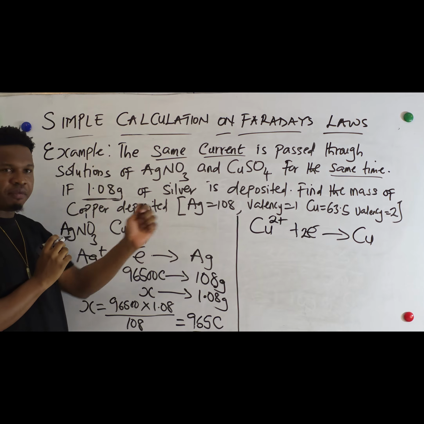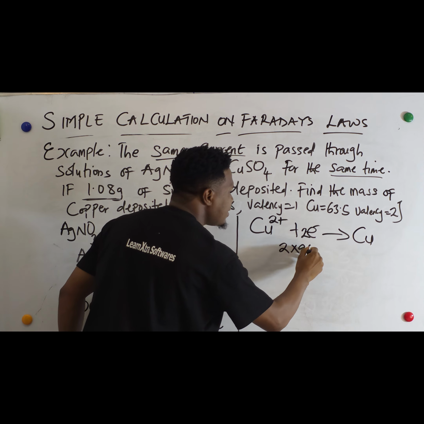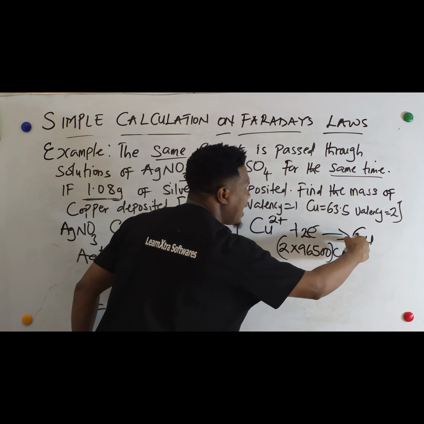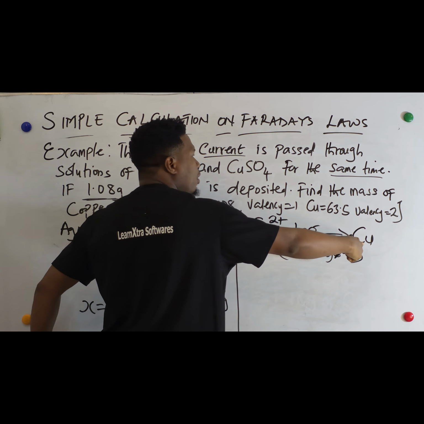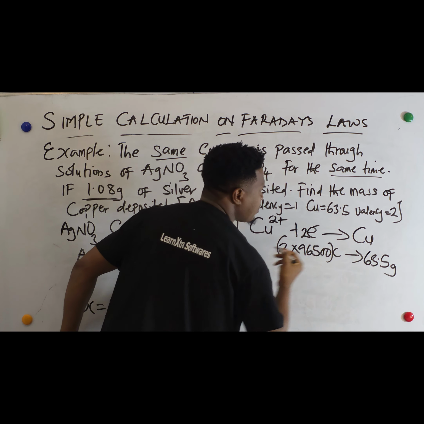So we have this equation. What this means is that 2 times 96,500 coulombs will deposit the chemical equivalent, or the atomic weight, of copper, which is 63.5 grams.